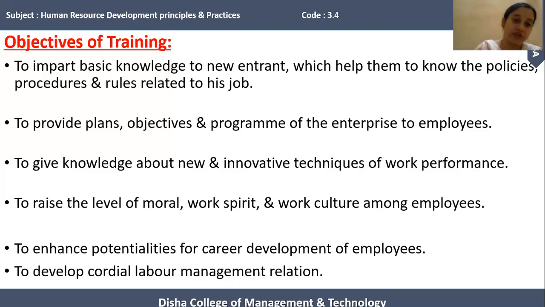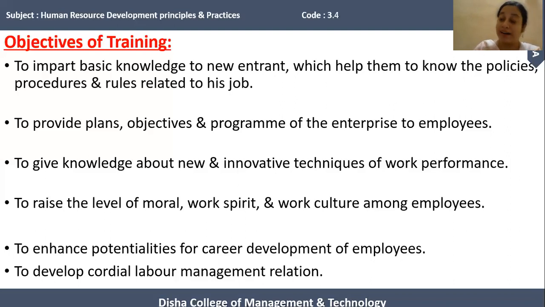The next objective of training is to give knowledge about new and innovative techniques of work performance. If the organization identifies a better and new method for performing the task, then that can be imparted to the human resources through training.